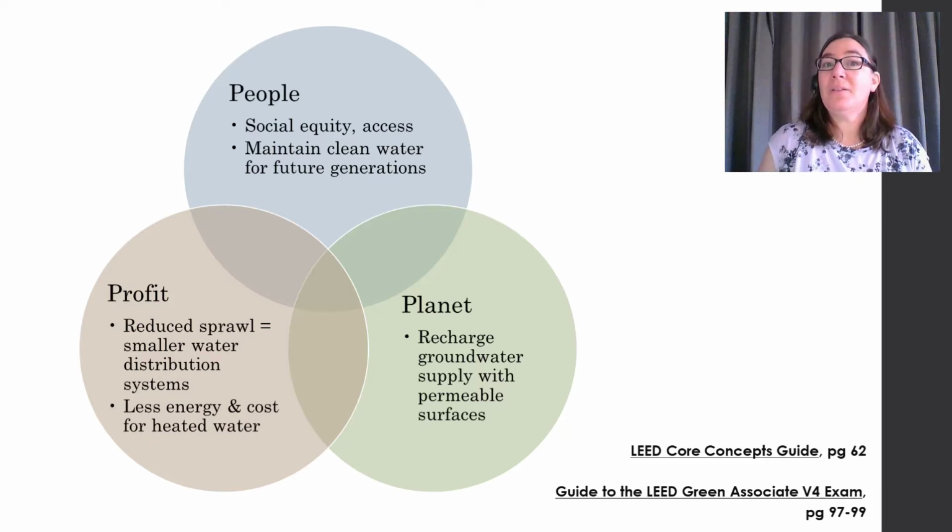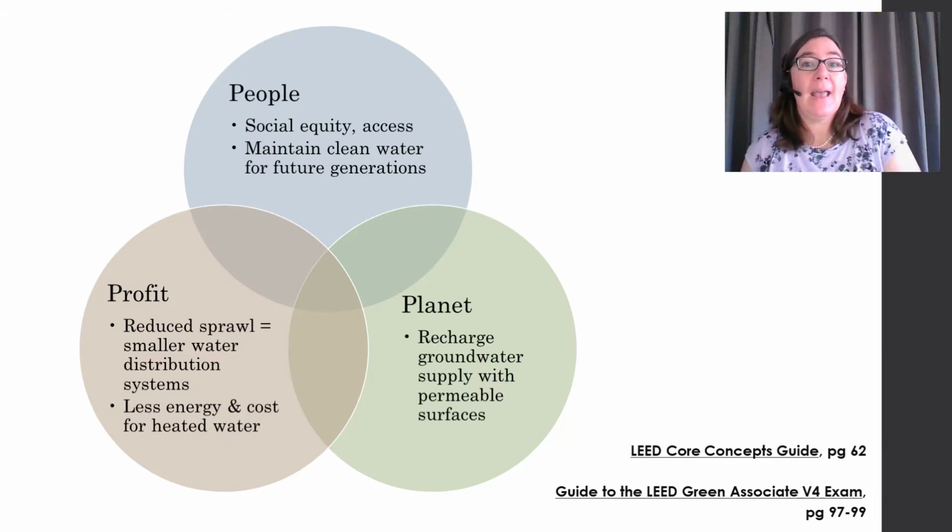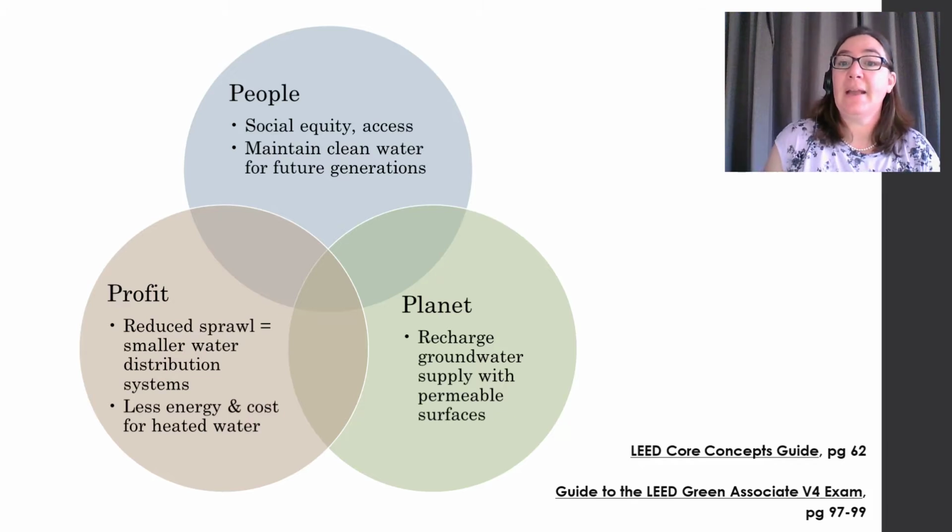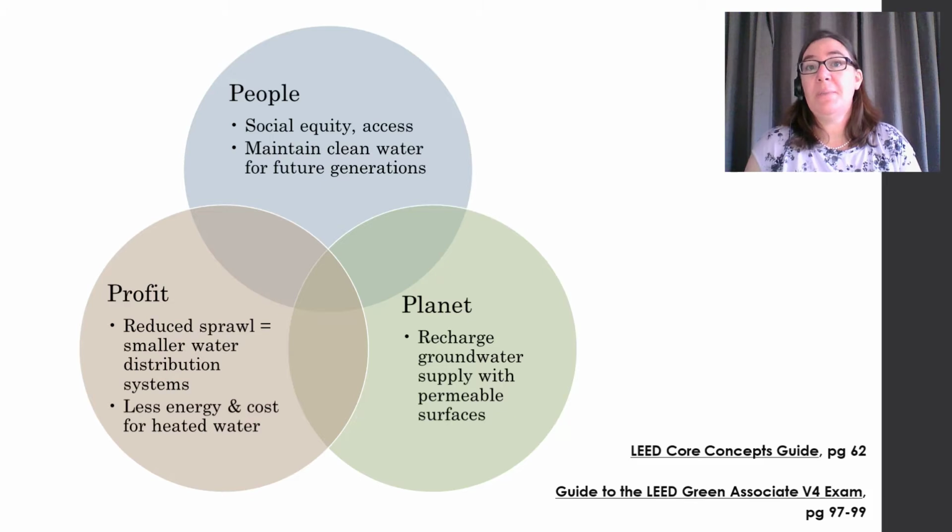And also, we're going to use less energy and less money to provide less heated water. And finally, we support our people, we support humanity by giving social equity and access to clean water for all. And we also want to keep an eye on the future and maintain our clean water systems for future generations.